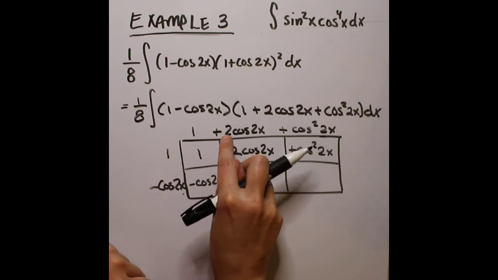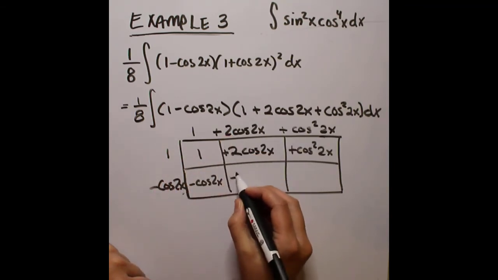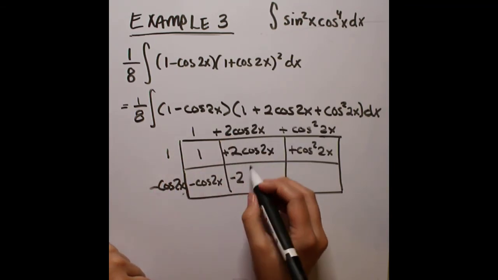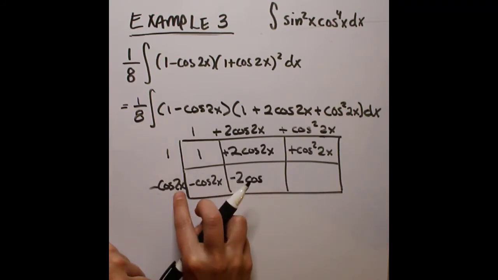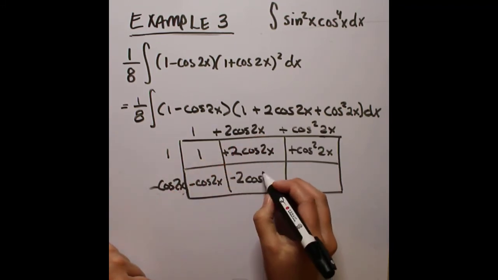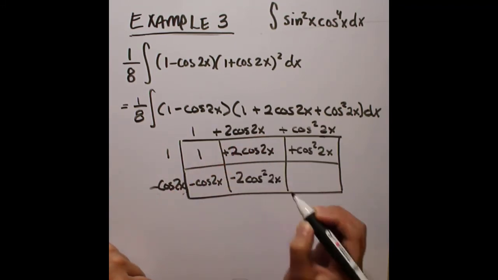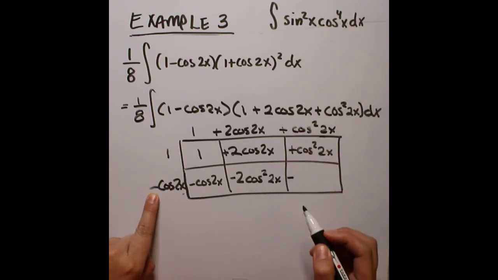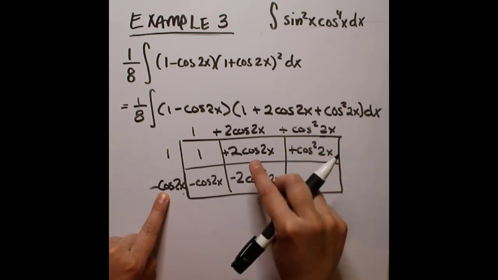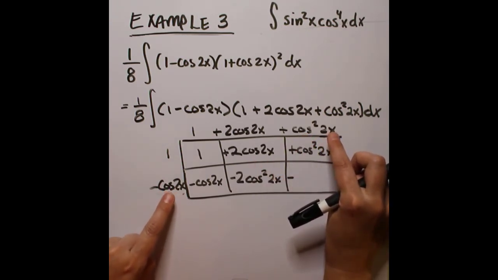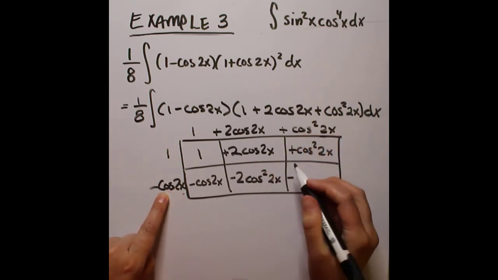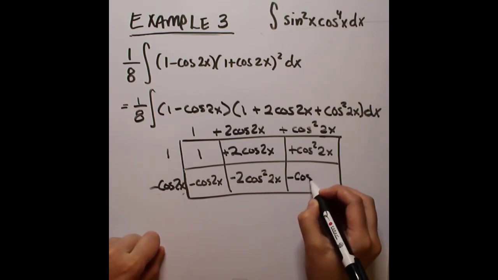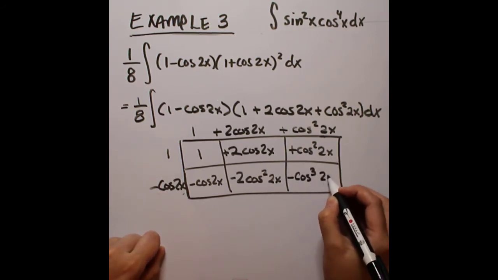Okay, so coefficients: 2 times negative 1 is negative 2. Cosine times cosine is cosine squared when the arguments are the same. They're both a 2x, so we can go ahead and say that's squared. And then the last box here. Positive times a negative is negative. Cosine, notice the arguments are the same, 2x. So we can multiply cosine times cosine squared. So that's cosine cubed 2x.